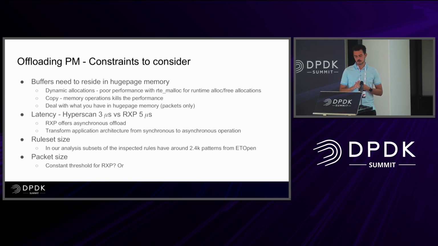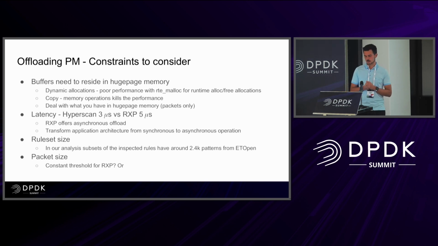Then the other constraint that we had to consider was the latency of the RXP engine, and we couldn't really wait for the RXP because it has longer latency than Hyperscan. So that's why we opted for asynchronous offload, meaning we process other packets meanwhile, while we wait for the pattern matching results from the regex engine.